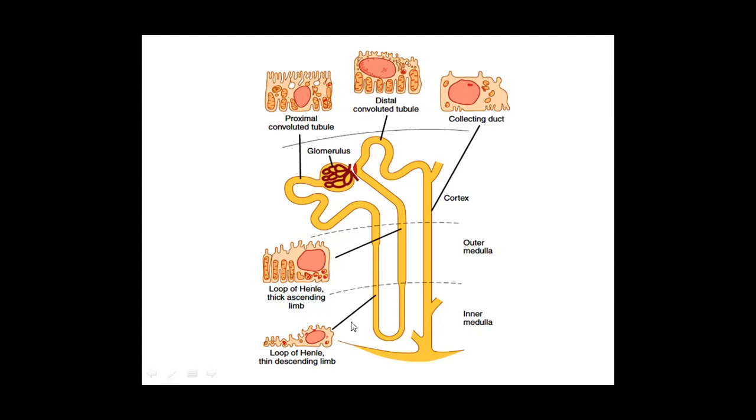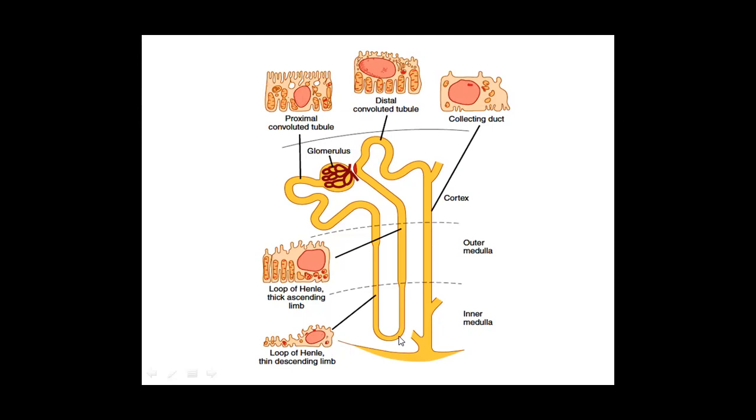Nuclear size is also quite small. All these things indicate that it is perfectly suitable for some kind of passive transport, either passive diffusion of solutes or osmosis of solvents. This is what we see in the descending limb of loop of Henle. The structure correlates with function.